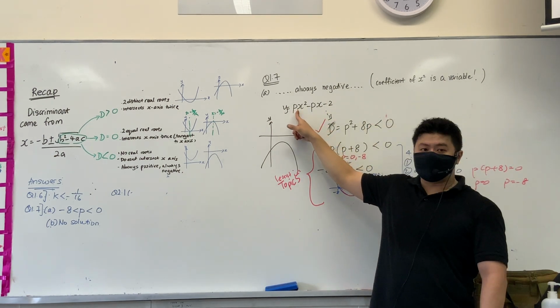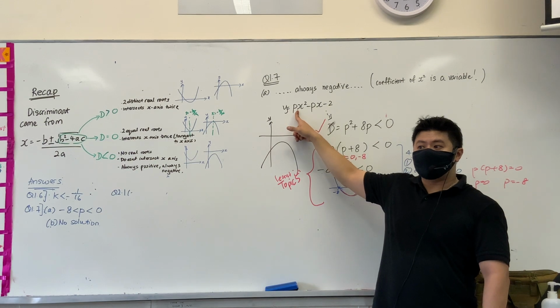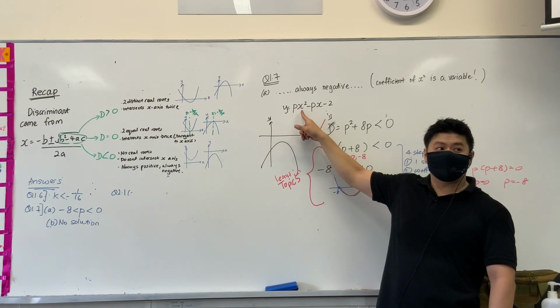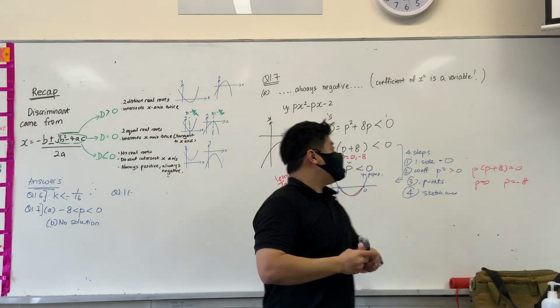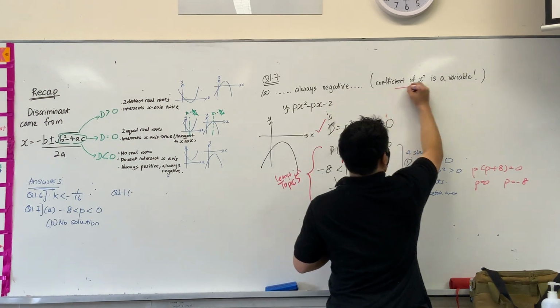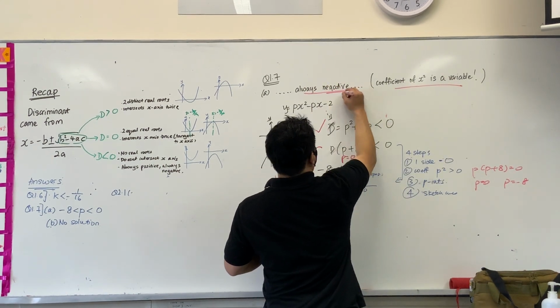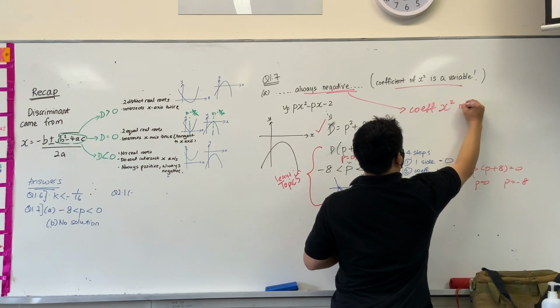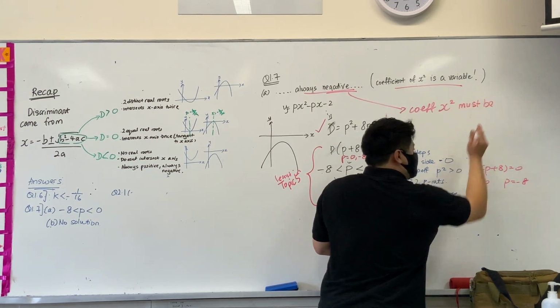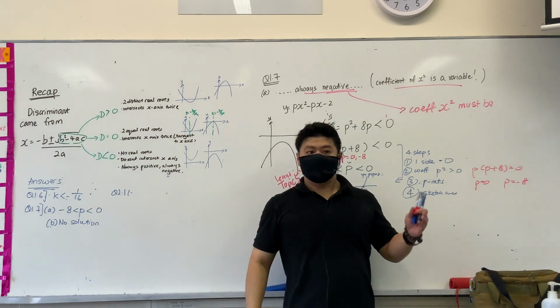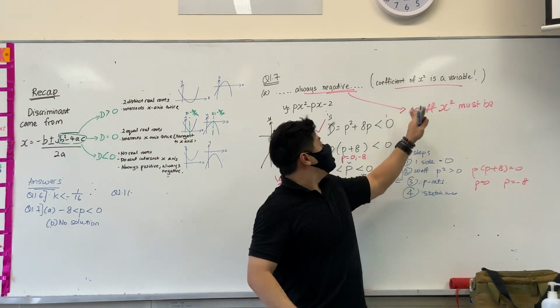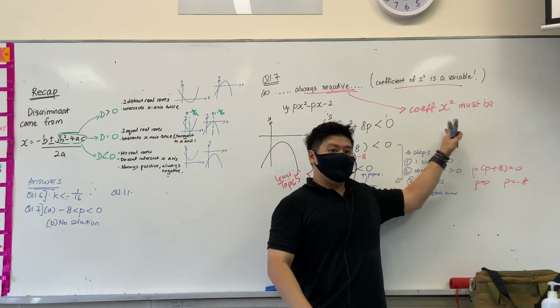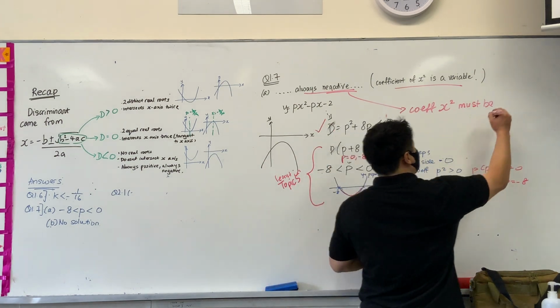That means p has to be, and p is the coefficient of x squared, you realize? If it's always negative, it will tell you that the coefficient of x squared must be what? If the graph is always negative, less than 0, it must be less than 0.